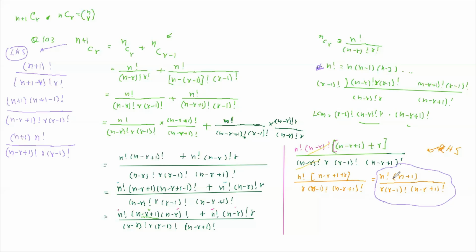Take a look, same or not? n factorial times (n plus 1), the denominator (n minus r plus 1) factorial, r times (r minus 1) factorial, the same on both sides. So they are the same. So we can conclude the left hand side equals the right hand side.